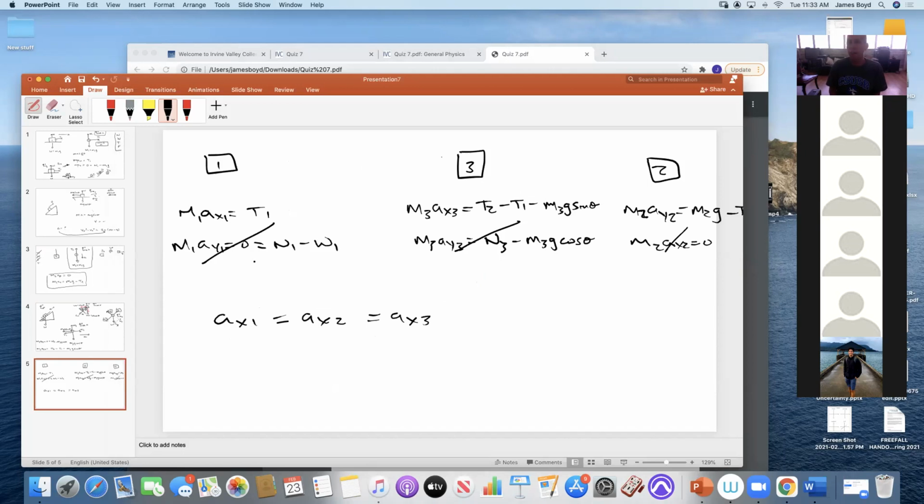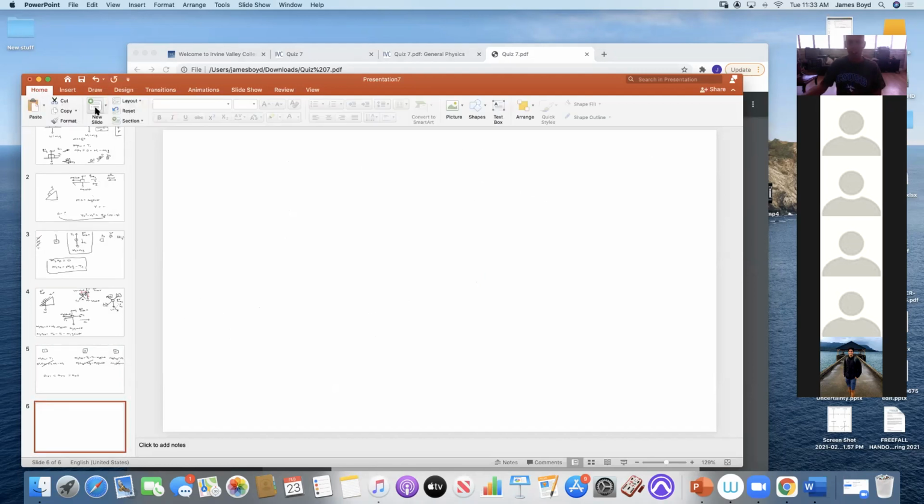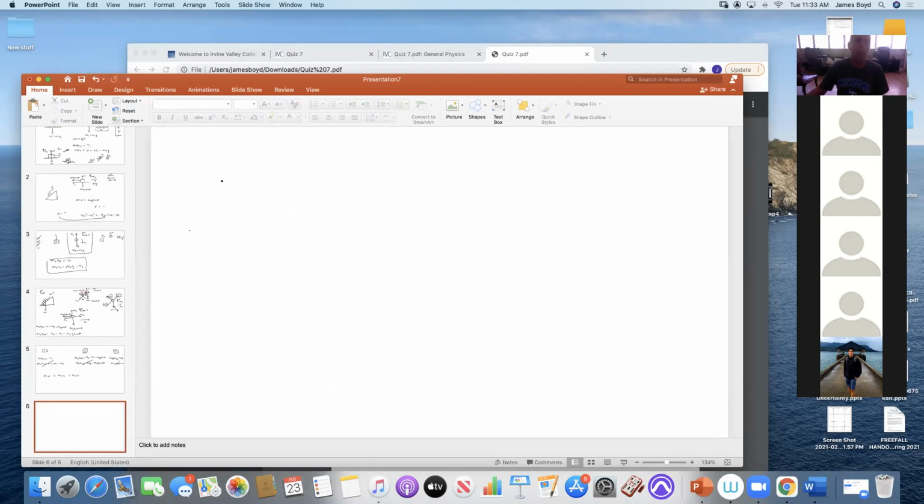No, not clearly. Okay, here's the thing. I'll try and do this as clear as possible. For number 1, it's going to have an acceleration in the y, and it's going to have an acceleration in the x.